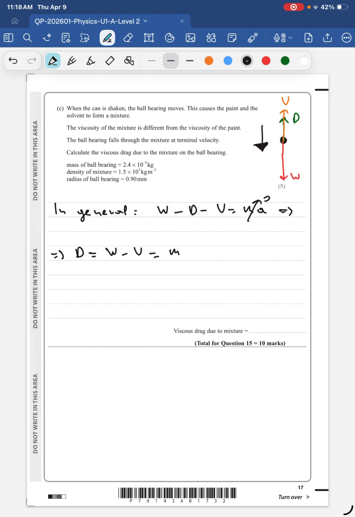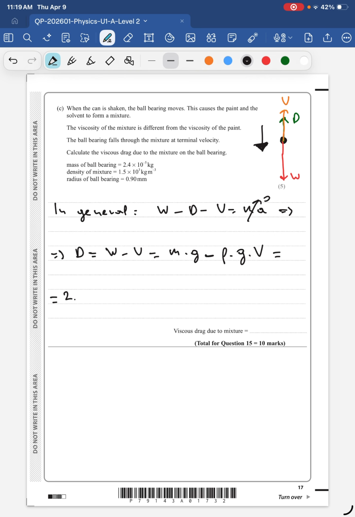What's the weight? The mass of the ball times g. And what's the upthrust? It's the density of the mixture times g times the displaced volume, which is the volume of the sphere. So we have m times g.